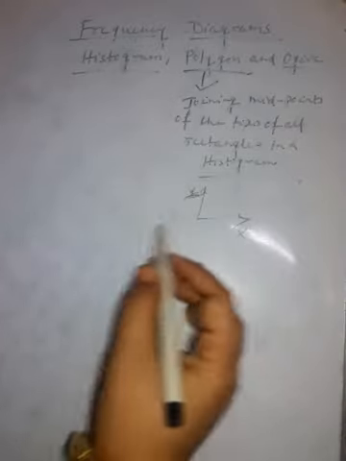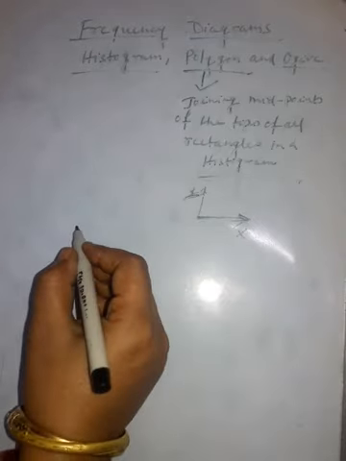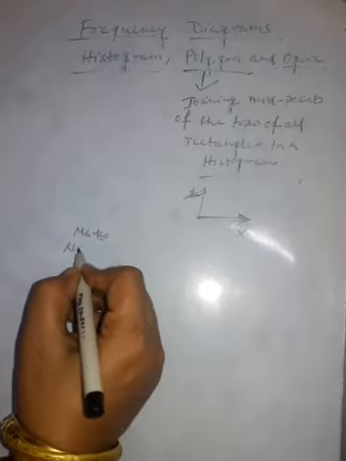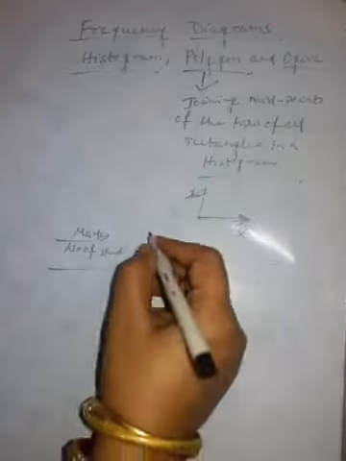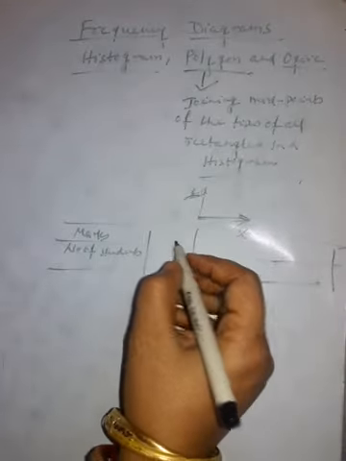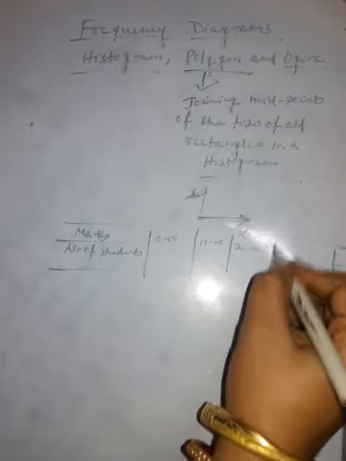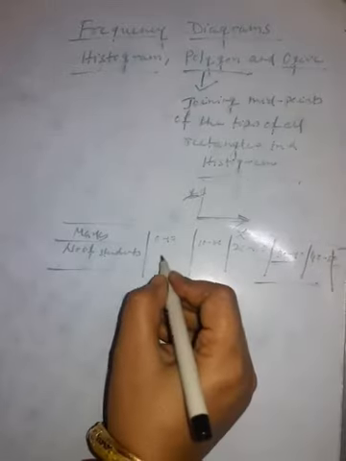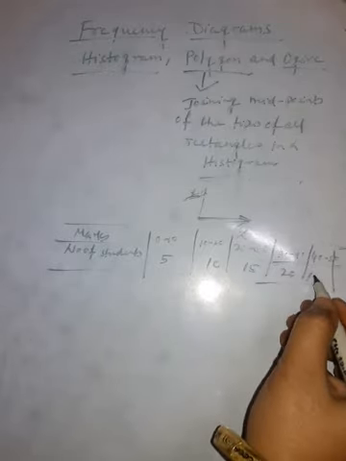With the help of an example I will draw a polygon here. Suppose I have a table of marks and number of students, and we have to show this data in the form of a polygon. Marks are 0 to 10, 10 to 20, 20 to 30, 30 to 40, 40 to 50, with frequencies 5, 10, 15, 20 and 12.